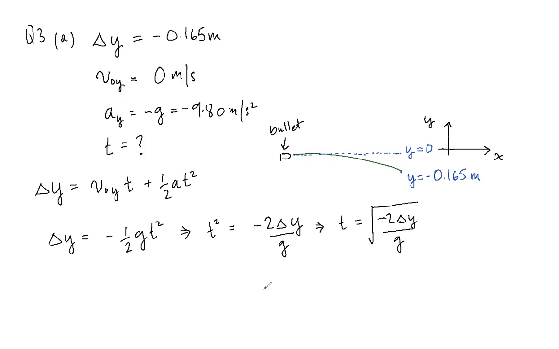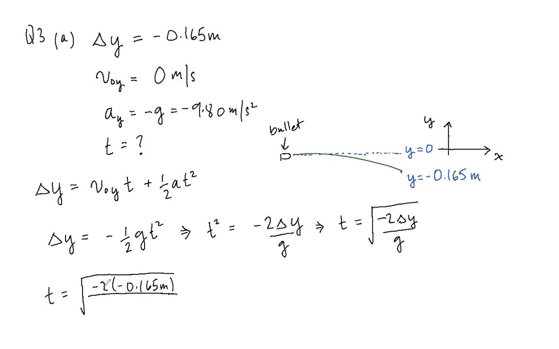And so what does that mean? That means we can plug in our numbers. So t is equal to the square root of minus 2 times minus 0.165 meters.